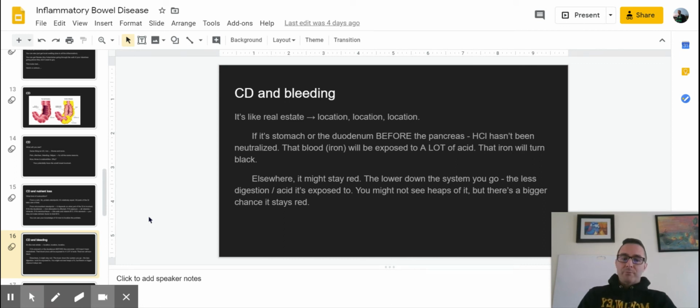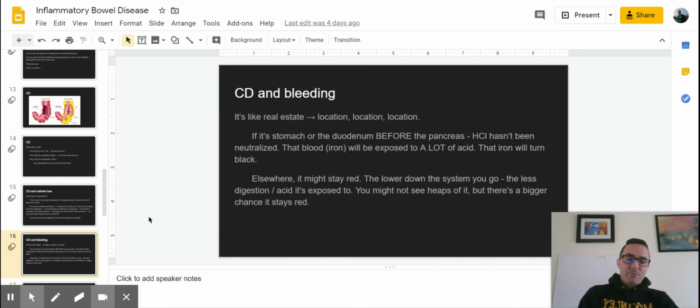So bleeding, and this is important. If you've got bleeding from Crohn's disease in your stomach, because stomach acid is there, it probably will look black by the time it comes out of your behind. If it's in your duodenum and it's before your pancreatic juices start neutralizing the stomach acid, it will still probably look black.